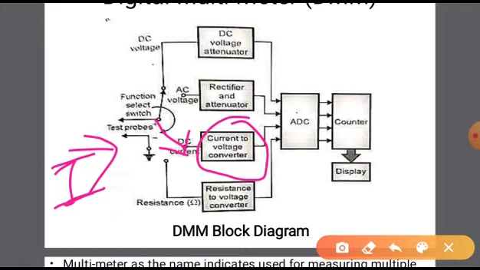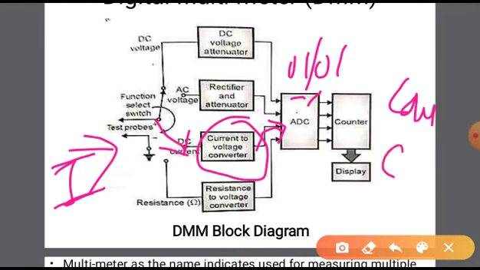The current flows through a resistor bank, and this resistor develops a voltage across it. We collect this voltage and apply it to the ADC. The ADC again gives the output in the form 0010, the counter counts the state, and this state is displayed on the display.